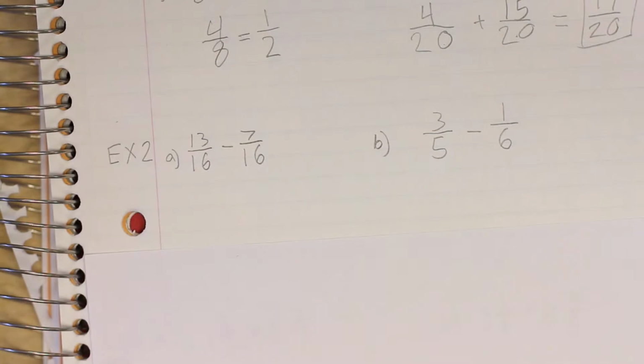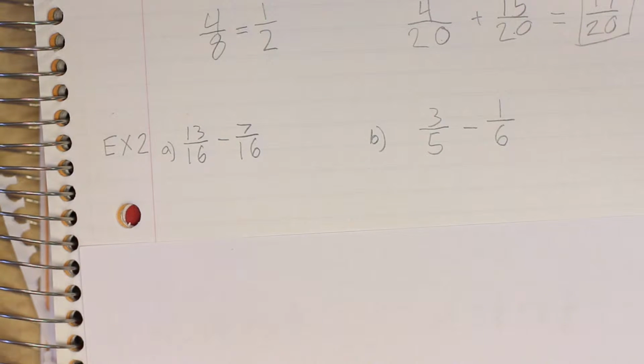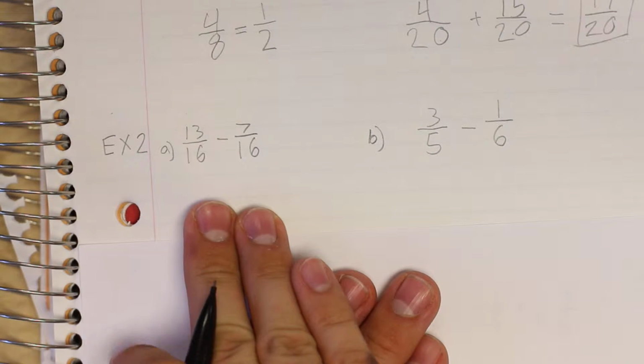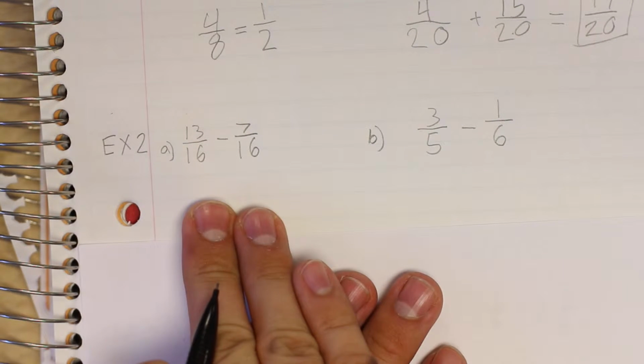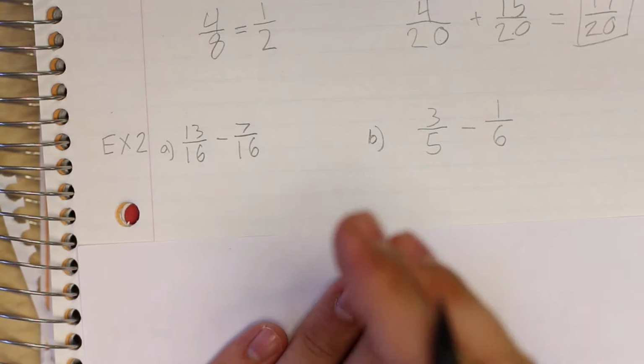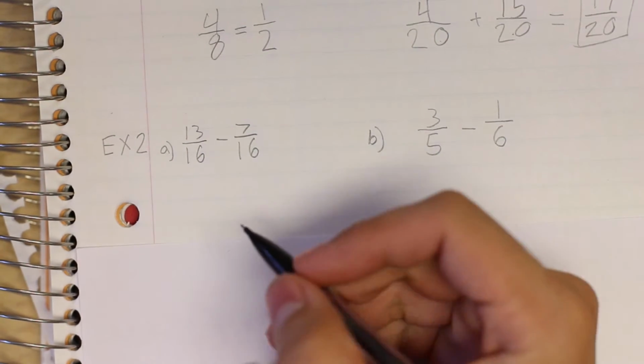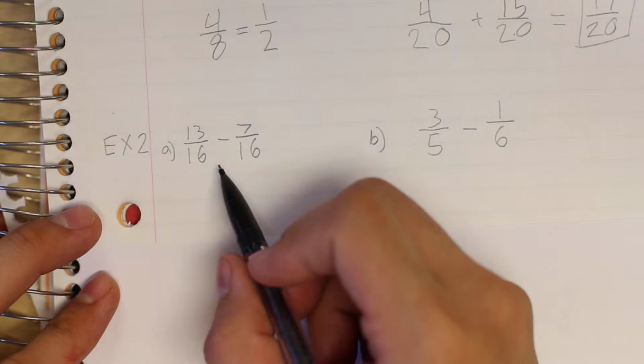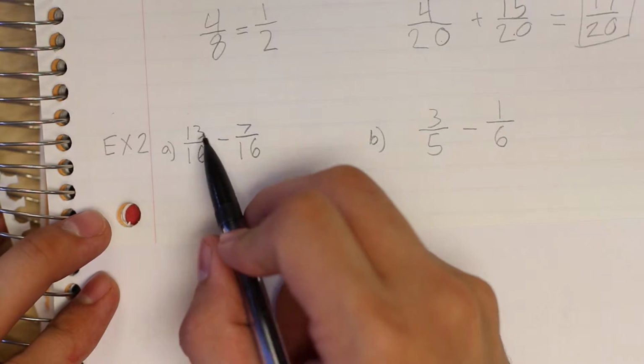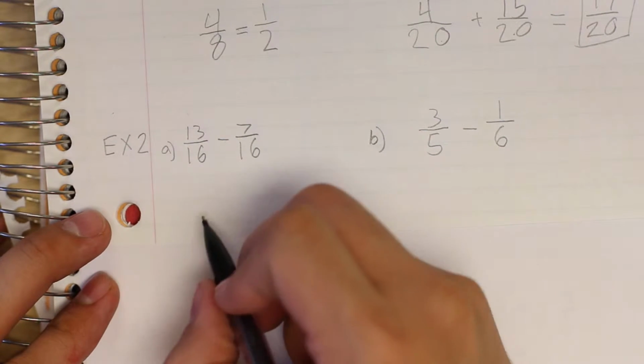It works in a very similar way. Once again, you must have a common denominator. Once again, our first two examples have common denominators. Our second examples do not. Let's take a look at these. So, already have a common denominator. 13 minus 7 is how you would read this.